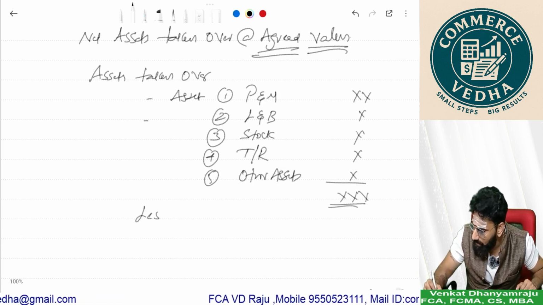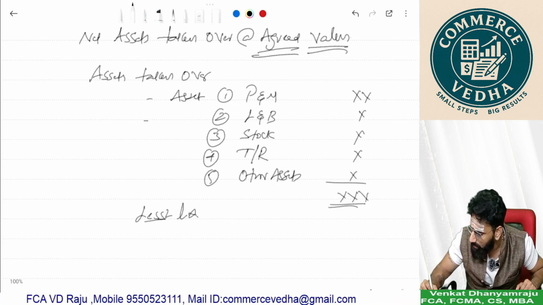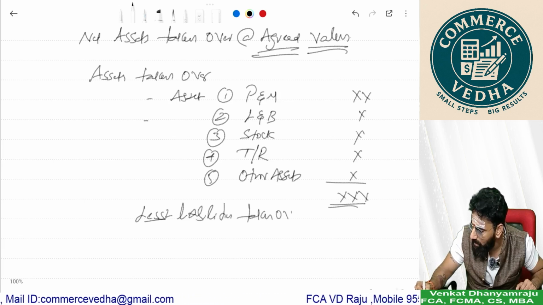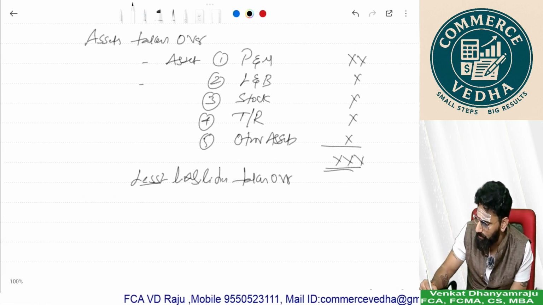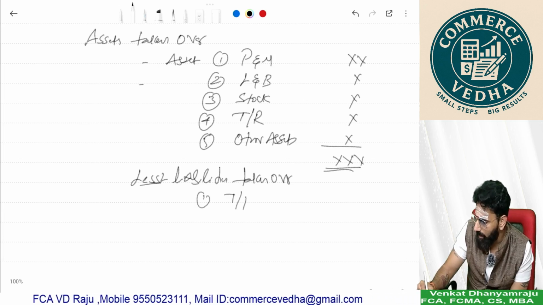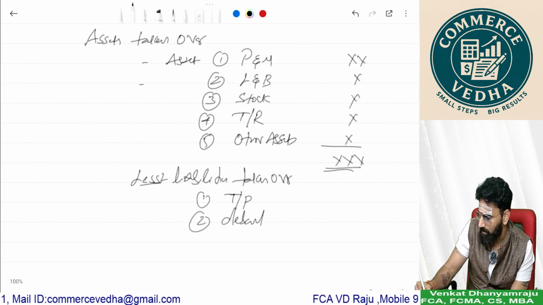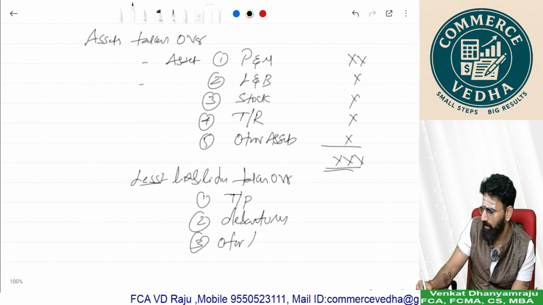less liabilities taken over, again at agreed values. What are those? Trade payables, debentures, other liabilities.